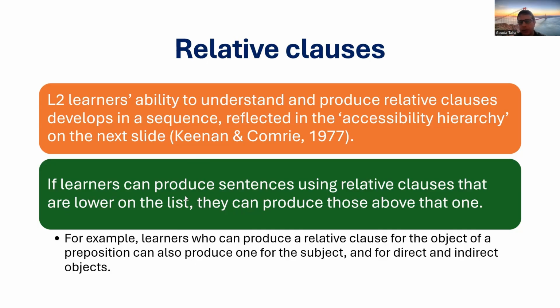So if a learner can produce sentences using relative clauses that are lower on the list, they can produce those above that one.